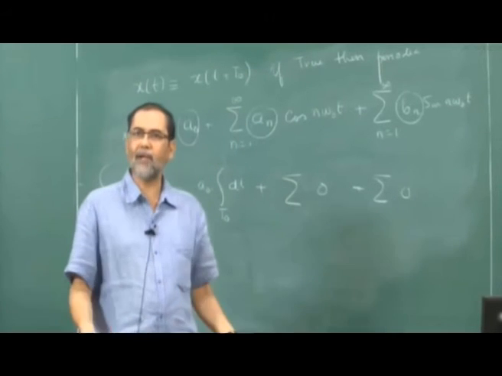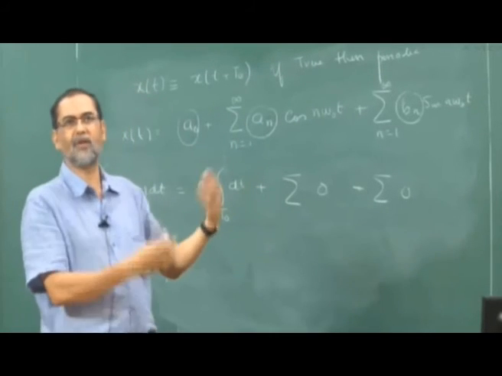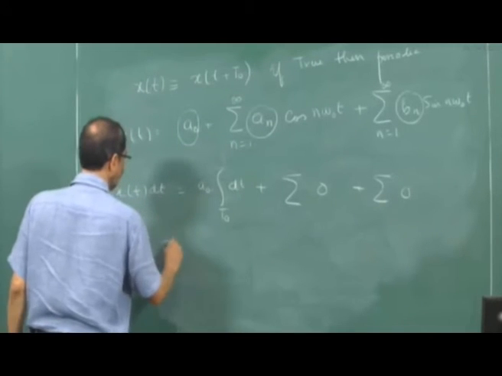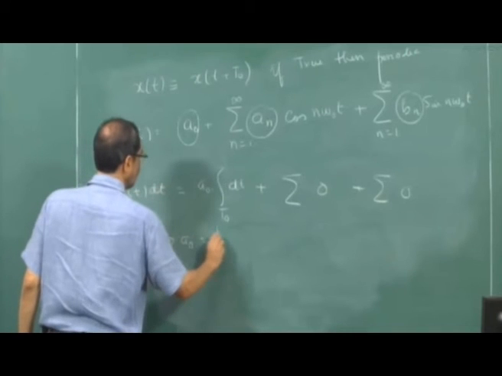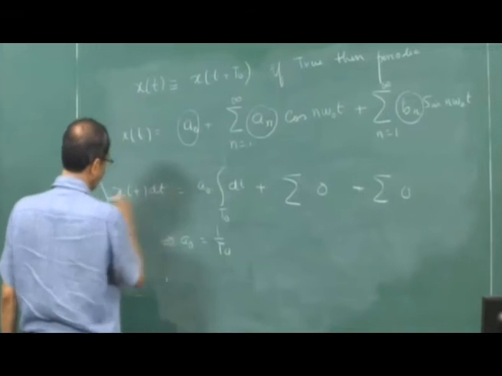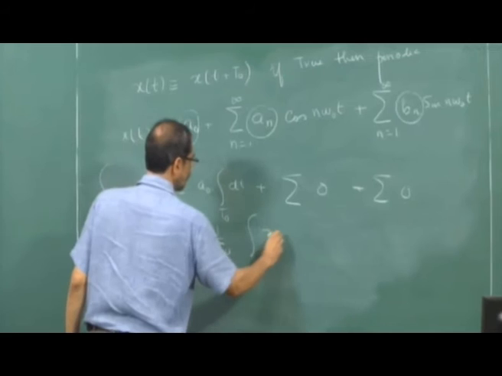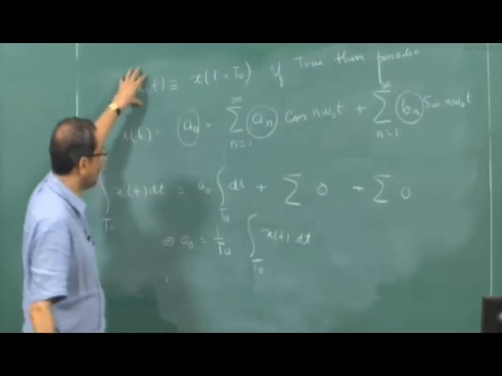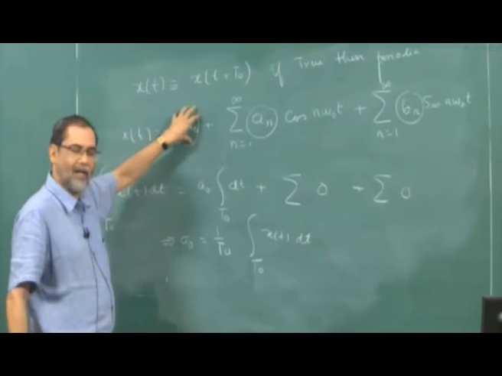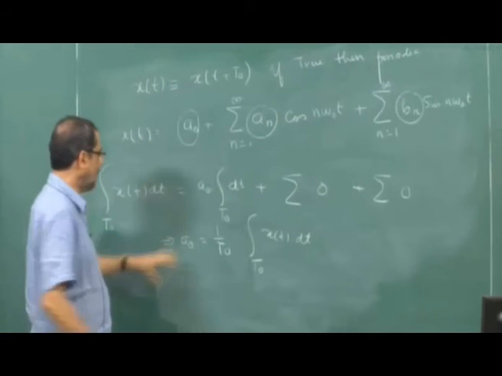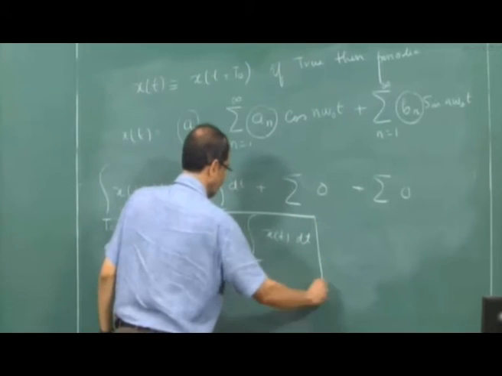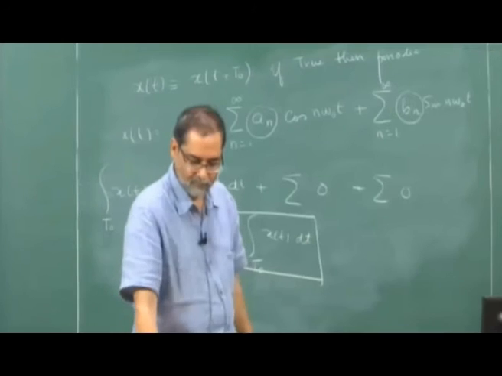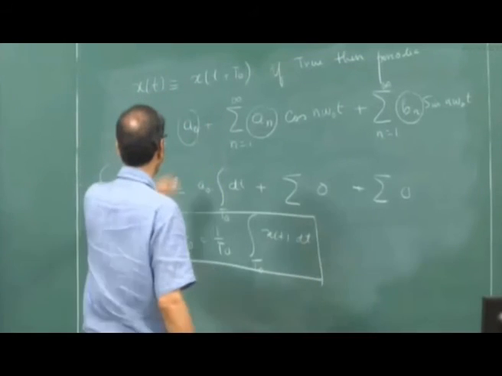I am integrating over a period, making use of the properties of cosine and sine functions. So from here you get a naught is 1 by T naught, because a naught into T naught, into the integral of x of t dt over T naught. Given any x of t, if you want to find a naught of the Fourier series, then you carry out this integration. That's the first value, how you compute a naught.